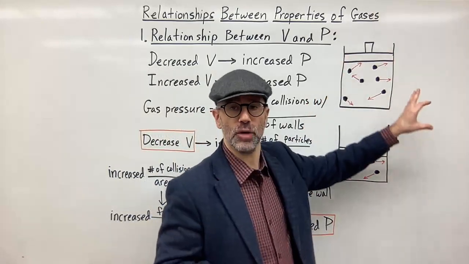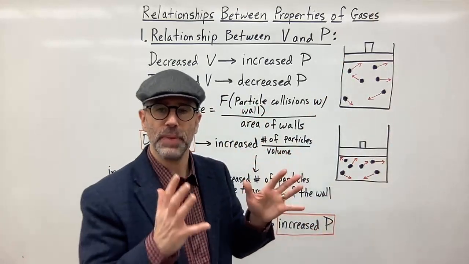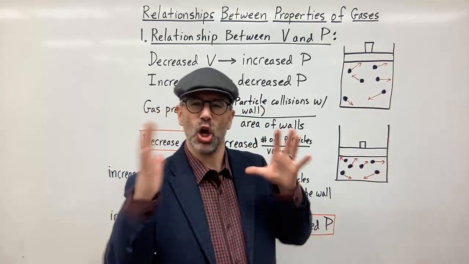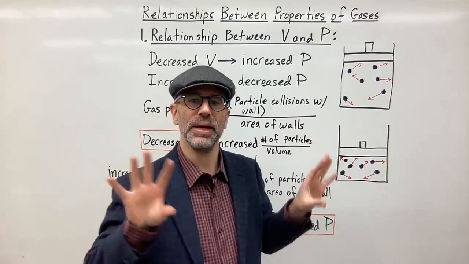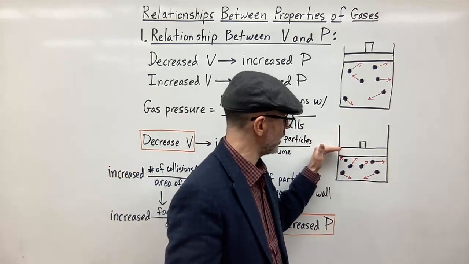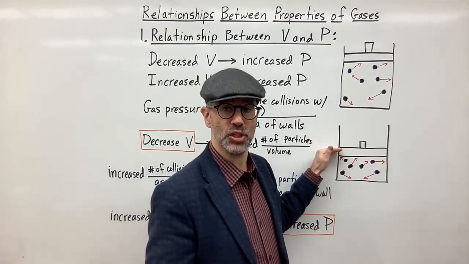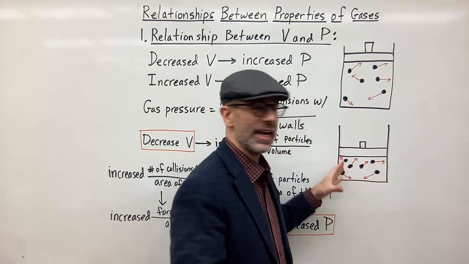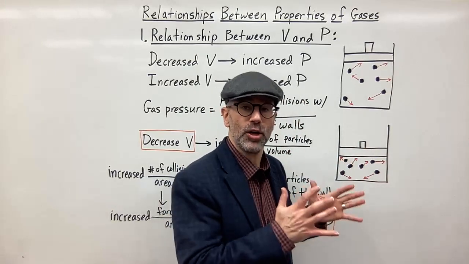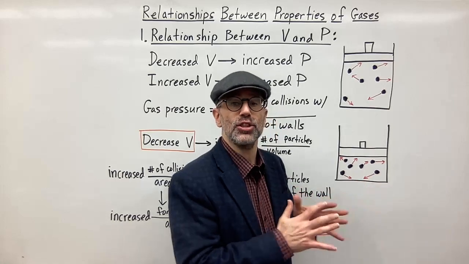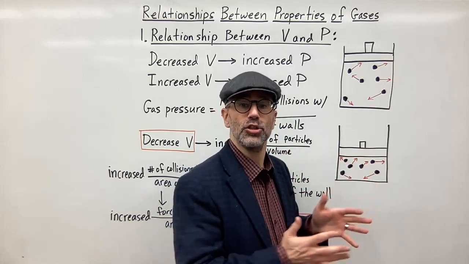When they're farther apart, there's more space, more area, so fewer particles are close to or even hitting the sides of the container at any one moment. When you decrease the volume, you decrease the surface area. So at any one moment you have more particles hitting the sides of the container because there's less area to move around.